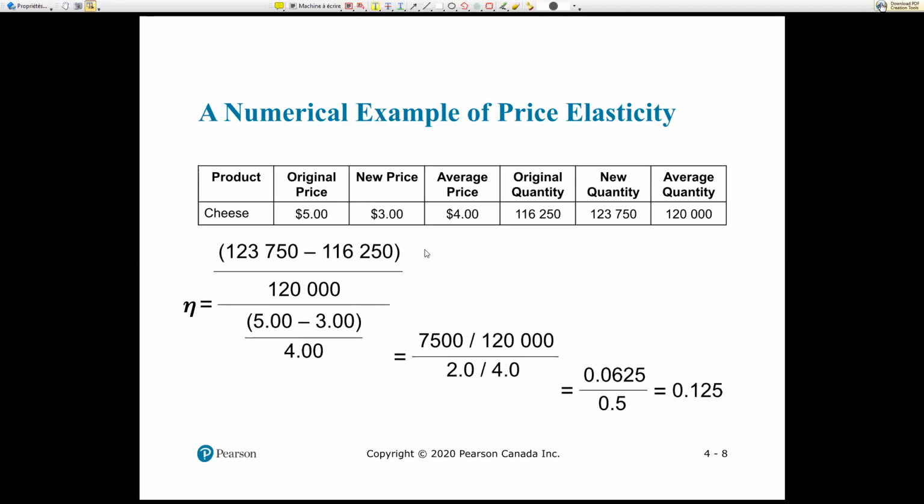So eta would be equal to new price minus old price, divided by new quantity minus old quantity.